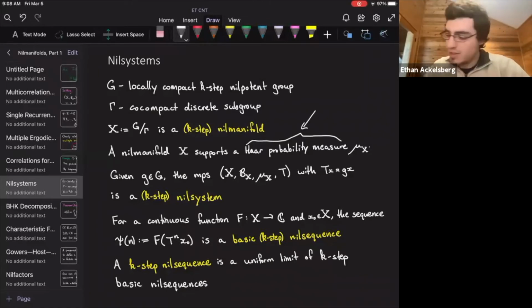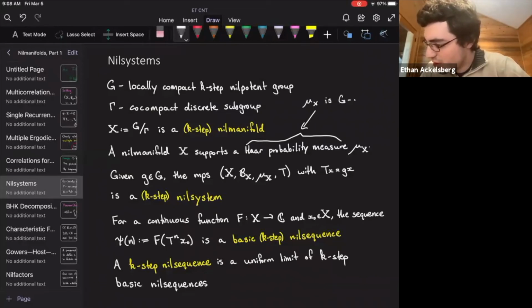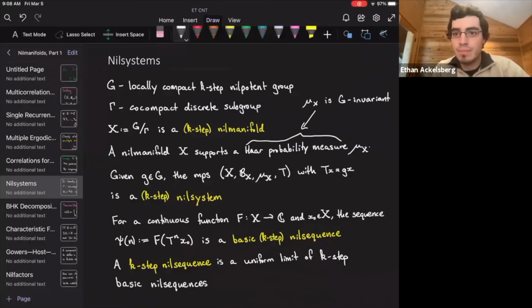What I mean is mu X is G-invariant. So G acts naturally on this quotient space, and there's a unique measure that is invariant under all of that action.